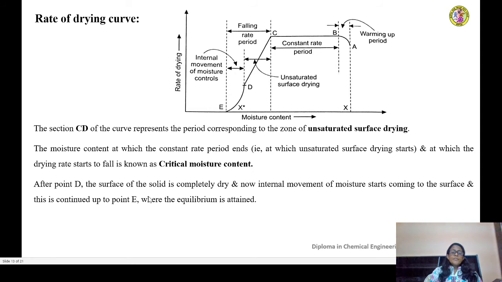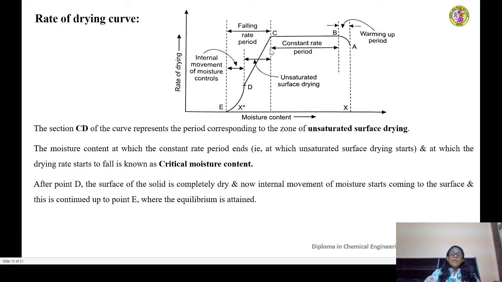After point D, the surface of the solid is completely dry. Now, internal movement of moisture starts coming to the surface. This is continued up to point E, where the equilibrium is reached.